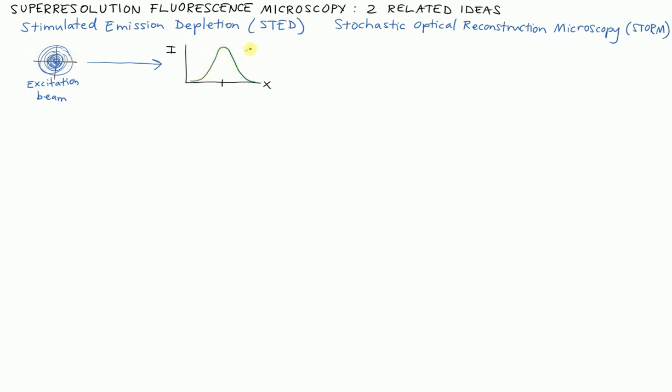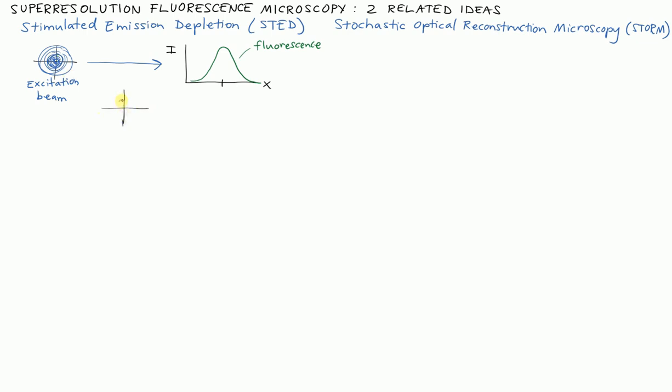So this is fluorescence. The idea of stimulated emission depletion is that instead of just shining this one beam of blue light on the sample, you also shine on those same axes, which I'll now copy over here, a donut beam.